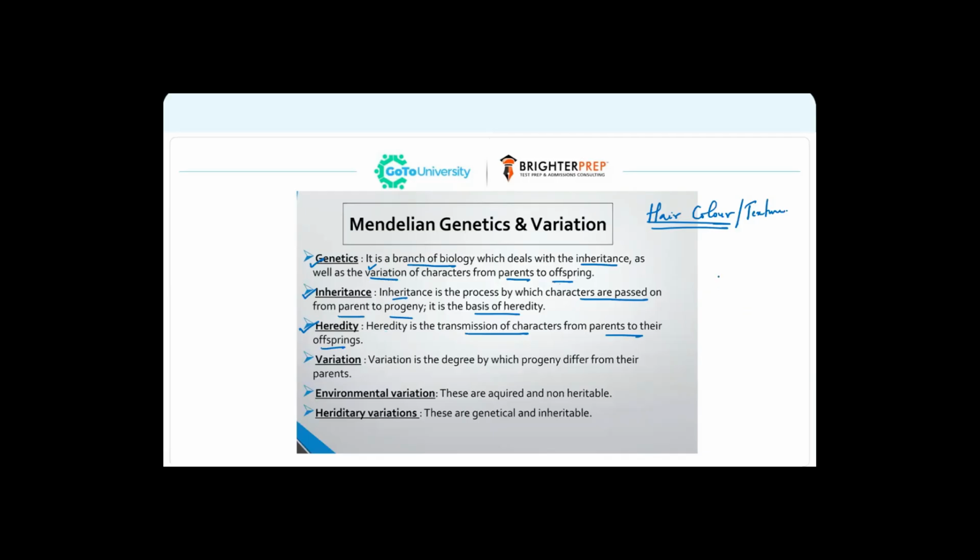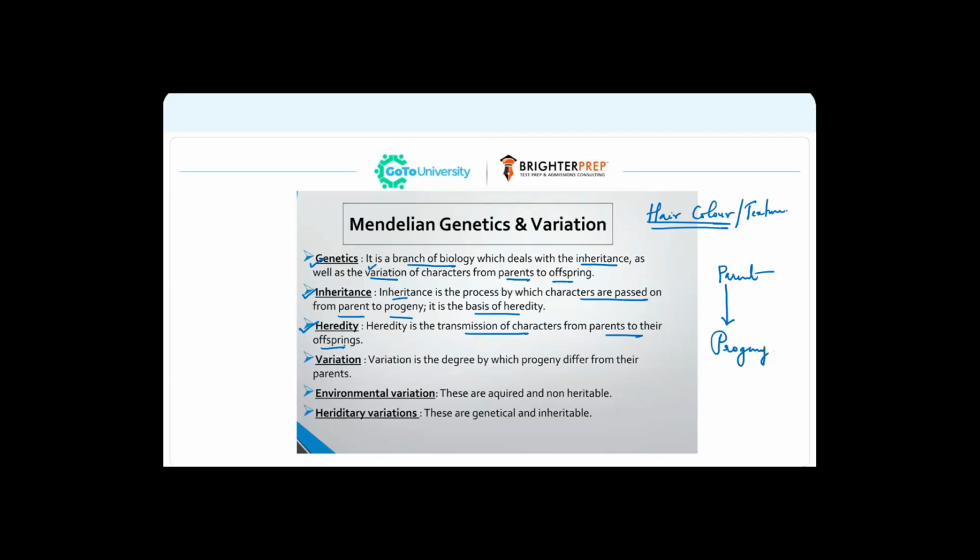If a parent is transferring a particular trait to their progeny, that process is known as inheritance, and the transmission of characters from the parents to their offspring is known as heredity.